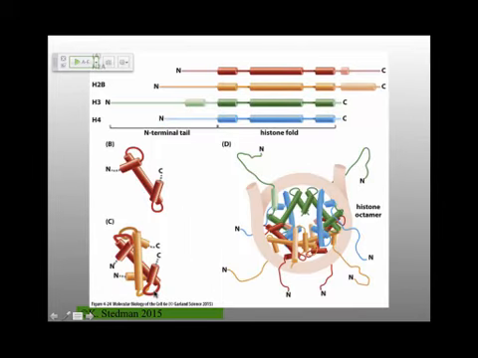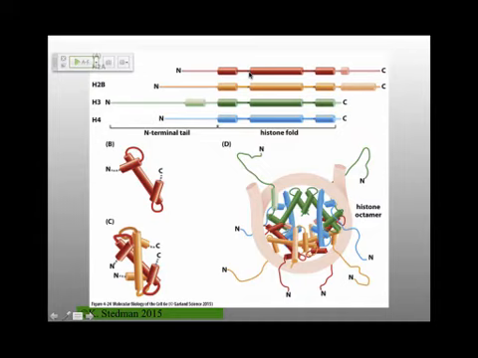We mentioned before H2A, H2B, H3, and H4. Turns out that all four of these histones have a very similar structure in the middle of their primary amino acid sequences. And that's also known as the histone fold. It's just shown here as these 3 alpha helices because that's what it is.